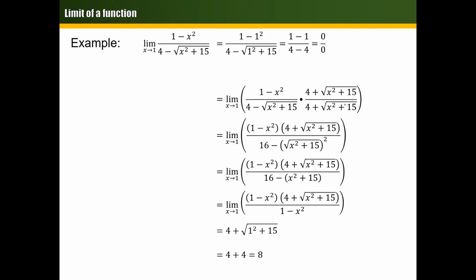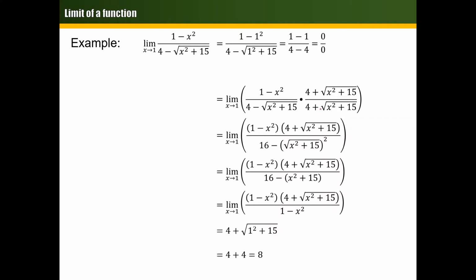Now, let's try to simplify. So we have the product sa numerator and here. Again, don't expand. Let's observe first what happens. Pag sinimplify natin yung denominator, we have the product of sum and difference.